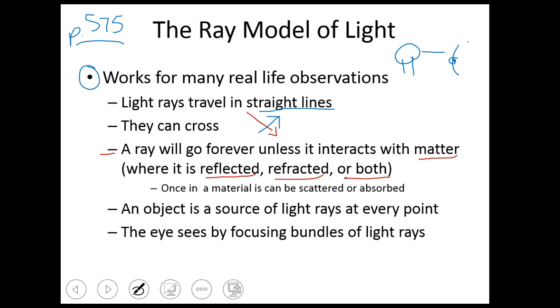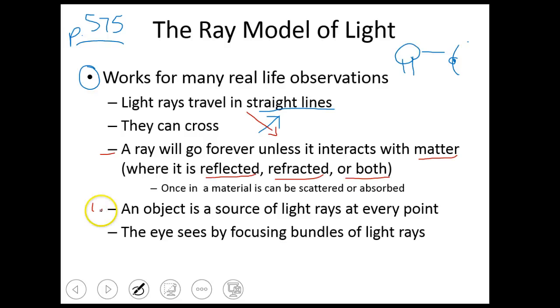It can be reflected and refracted. It kind of depends on the material of what that light ray is going to do. So glass and mirrors are really good at reflecting light, whereas things like prisms or plastic are not so good at reflecting it so much as they are refracting it and allowing that light to pass through in some capacity.